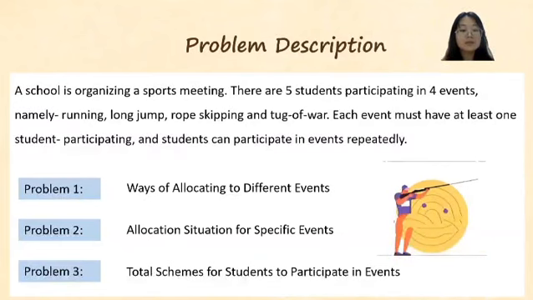The school is holding a sport meeting, and 5 students are going to participate in 4 events: running, long jumping, rope skipping, and tug of war. Each event must have at least 1 student participating, and a student can participate in multiple events.